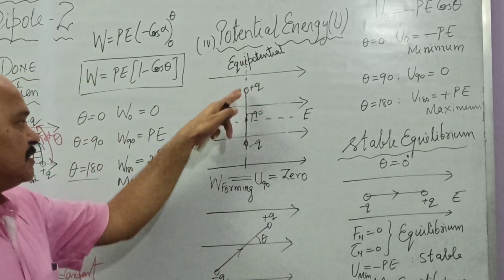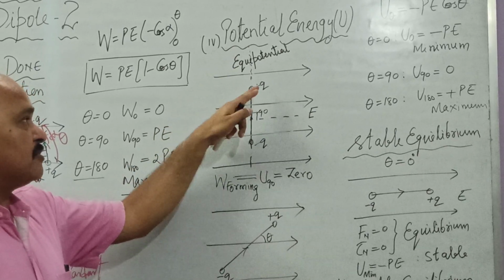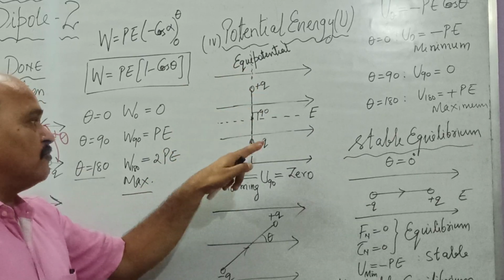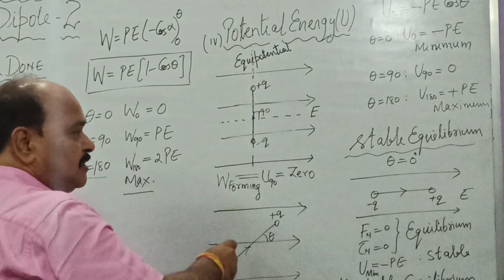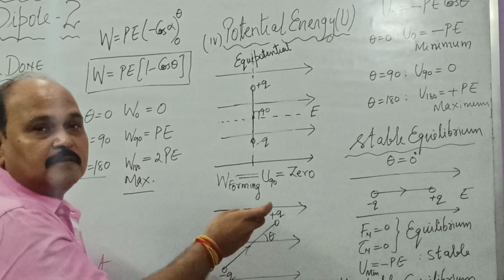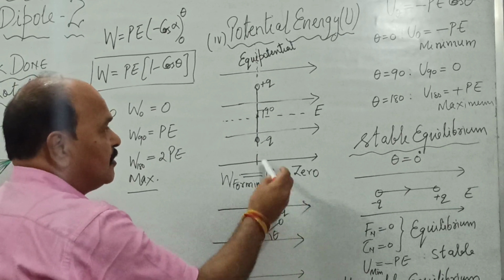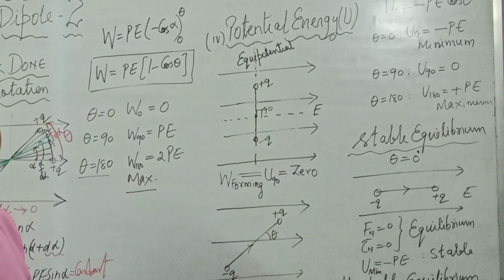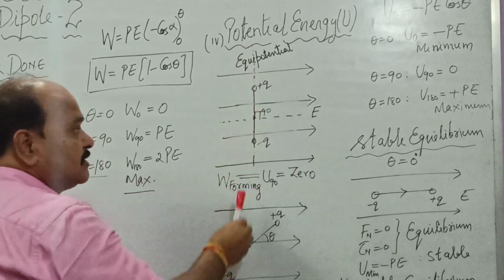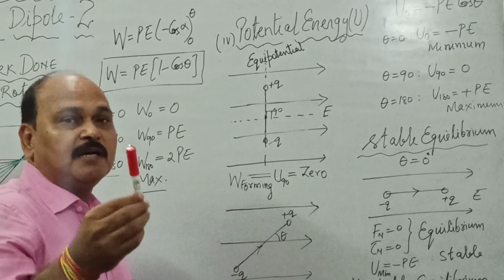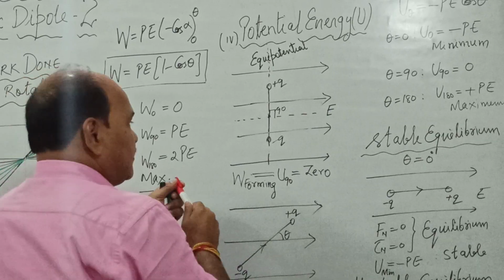Potential all over this surface is the same. So work done in forming the dipole in this configuration is plus x plus minus x, which is 0. Therefore, potential energy of the dipole in this orientation is 0. So this is the reference position for the electric dipole for potential energy. Well, in this orientation, when the dipole is what?